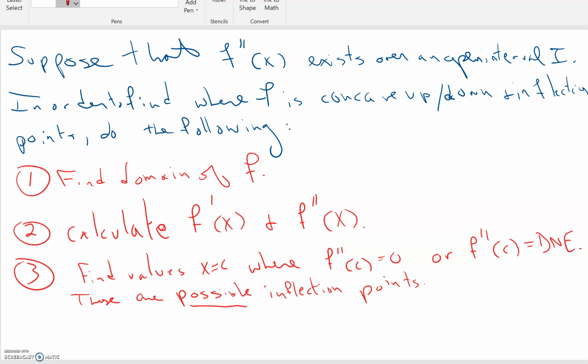Well, we evaluated the sign of the derivative, and if the sign changed from one side of that point to the other, then we actually had an extreme value of some kind. It's the same thing here, but using the second derivative. So we're going to cut up the domain into intervals.